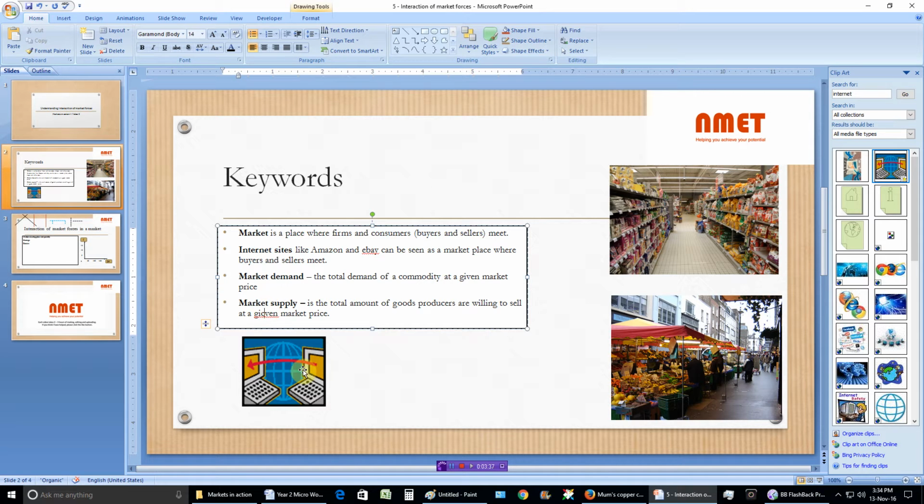As we've discussed before in our video in law of supply, market supply is the total amount of goods that producers are willing to sell at a given market price. Moving on from this, what we'll do is we'll now try to understand when these market forces of demand and supply interact within a market, how the equilibrium price and the equilibrium quantity is determined.